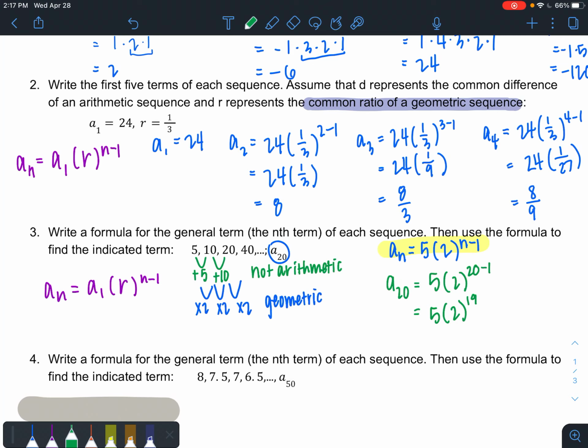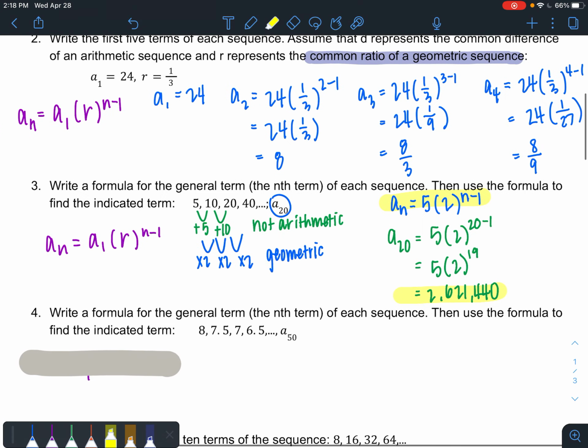Plug it into your calculator and get 621,440. And that is a sub 20. All right, you need both of those for your answer.